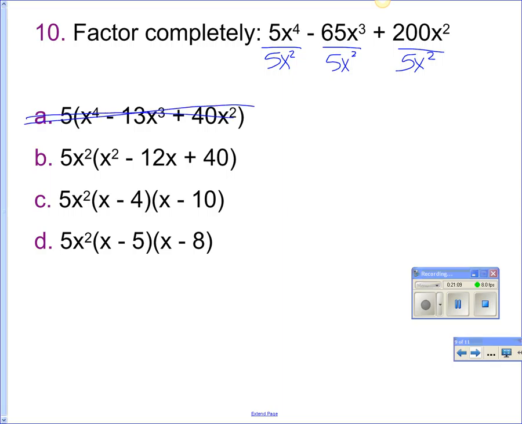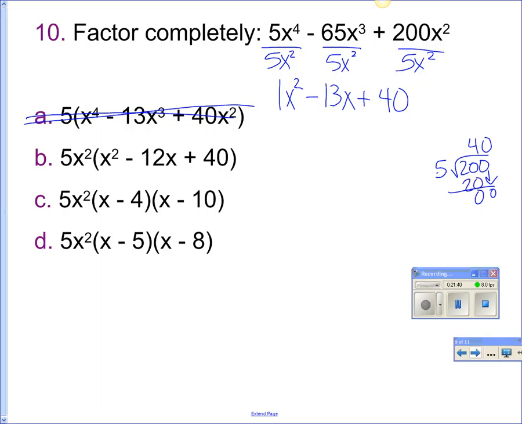Okay? When I divide here, I get 1x to the second minus 13x plus, let's do some long division here. How many times does 5 go into 20? 4. So you get 40. Okay. 5, 10, 15, 20, 25, 30, 35, 40, 45, 50, 55, 60, 65. Okay. All right.